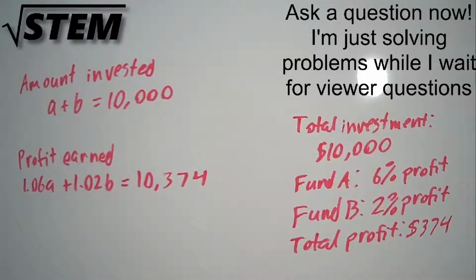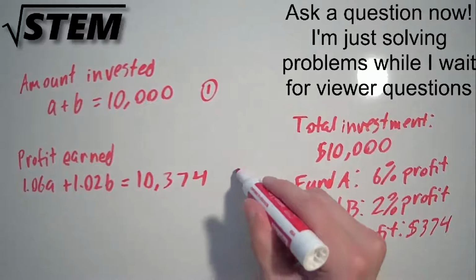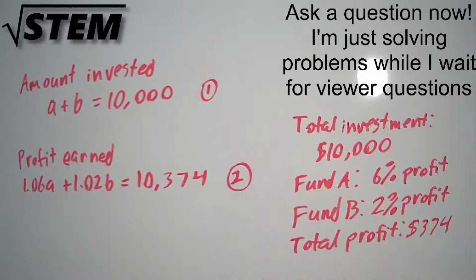So let's write these. Let's give these numbers. Let's subtract equation. Let's take equation 2 minus equation 1 and see what we get.